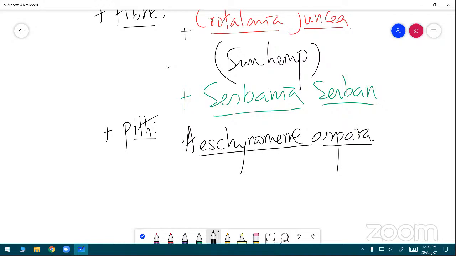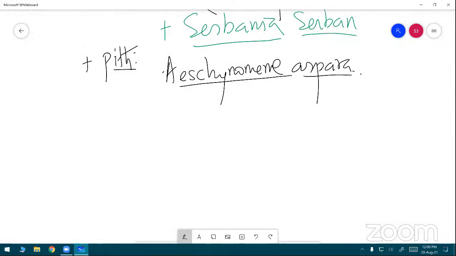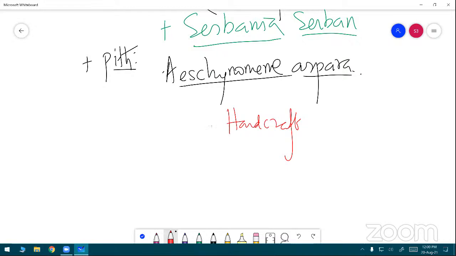Pith plant, right? Actually, the pith of this Aeschynomene aspera is used for making handicrafts and fishing nets, right? And sometimes these materials are also used for packing purposes, right?